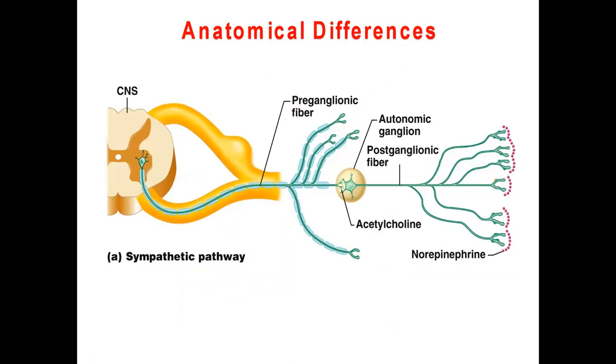So the neurotransmitter at the level of the preganglionic neuron is acetylcholine, whereas at the postganglionic it is norepinephrine, with a few exceptions. In the sympathetic pathway, the preganglionic neurotransmitter is acetylcholine, and the postganglionic is also acetylcholine when it is supplying the sweat glands, the pilo-erector muscle, or when it is directly innervating the adrenal medulla.